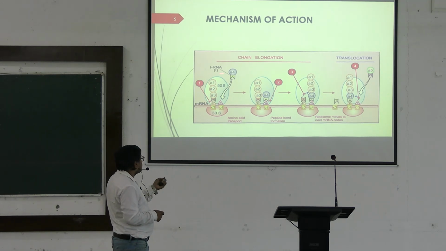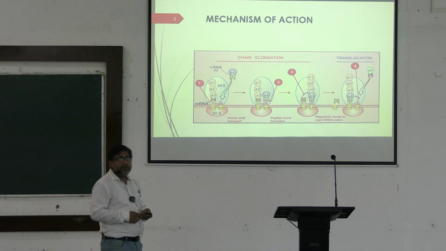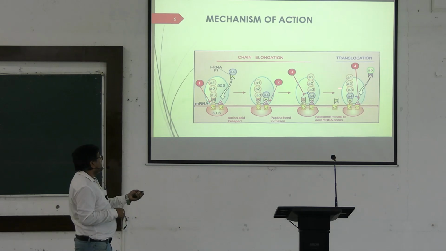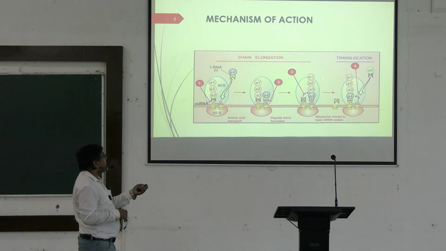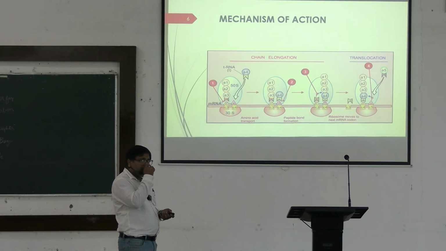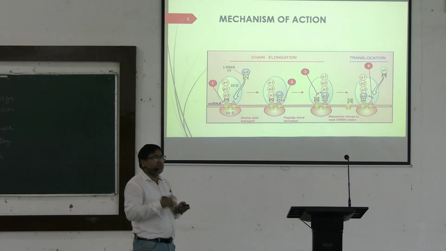This part is called chain elongation, and this is called translocation. Now, these macrolides bind to the 50S ribosome and inhibit this translocation process, and hence they are responsible for termination of the peptide chain elongation process.